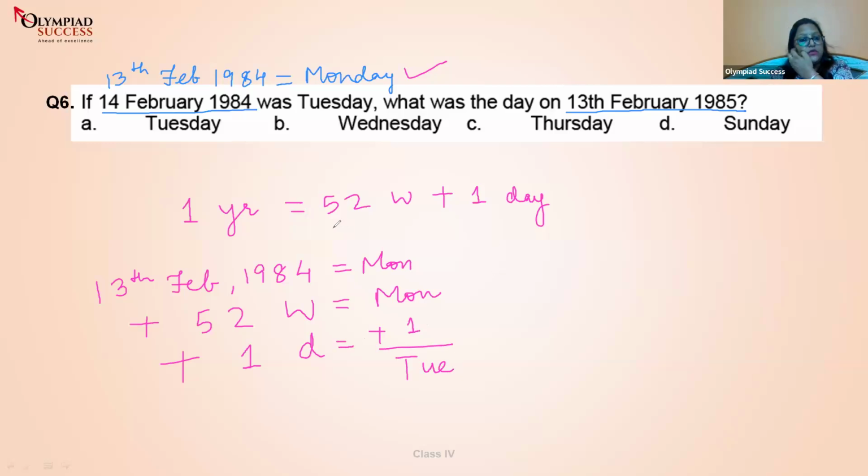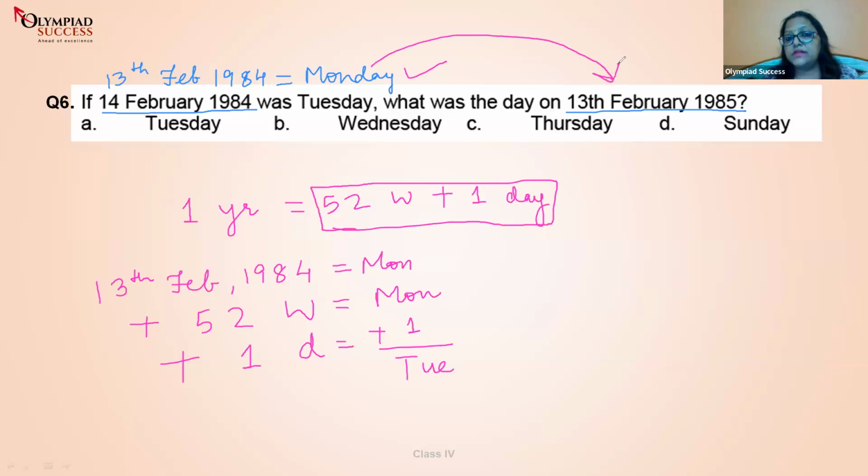Because we already know that 1 year is equal to 52 weeks and 1 day. They are asking you exactly after 1 year. From 13th to 13th you are calculating. Right? 13th is Monday in 1984. In 1985 it would be Tuesday. Okay, beta? Okay.